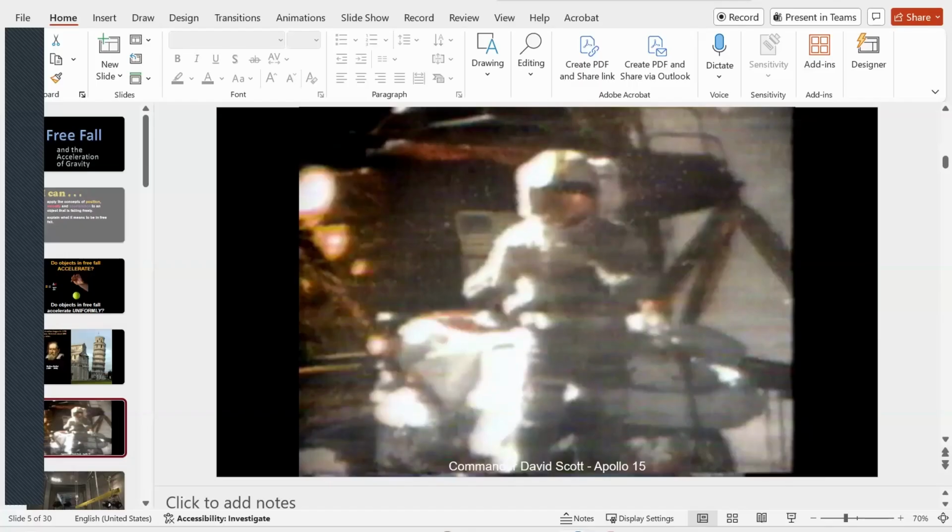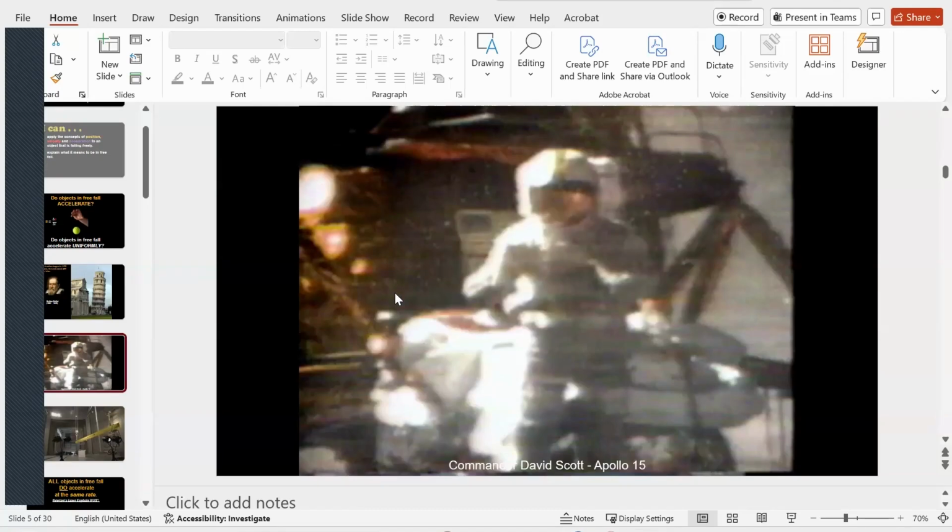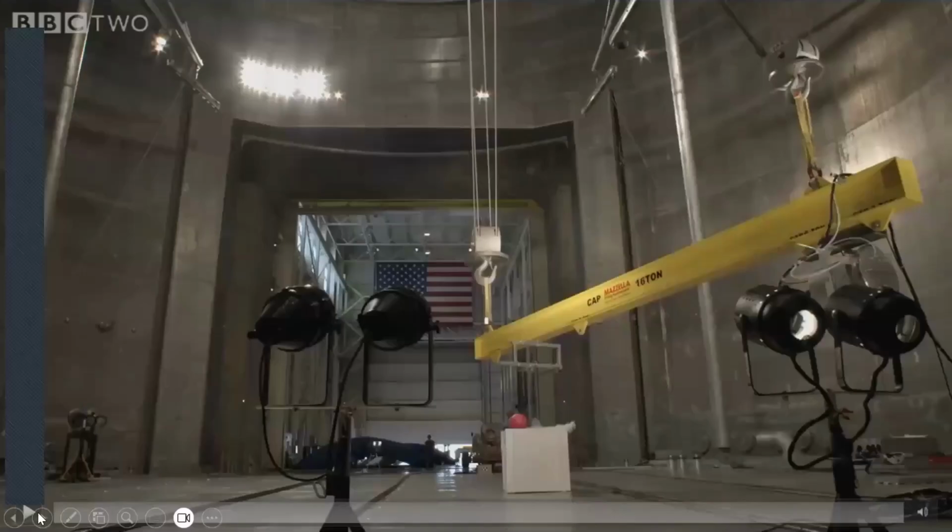Neil Armstrong did the experiment on the moon. Yeah, they did it on the moon and found the feather and hammer fall the same as on Earth. That's very good. It landed at the exact same time. Yeah, this is on the moon.